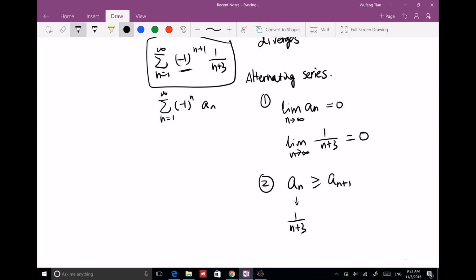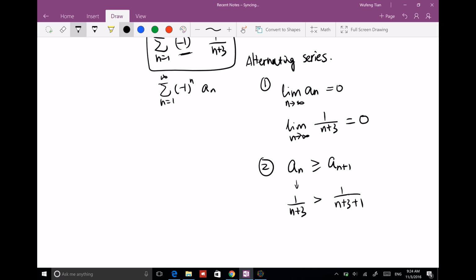Okay, very good. What is a_(n+1)? 1 over n plus 3 plus 1. Very good. So which one is bigger, which one is smaller? a_(n+1) is smaller. Very good. So this one is bigger than that. So we check the two conditions, both are okay.